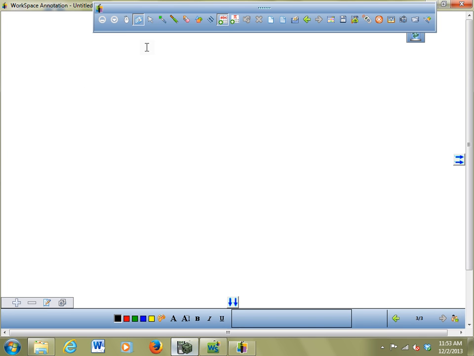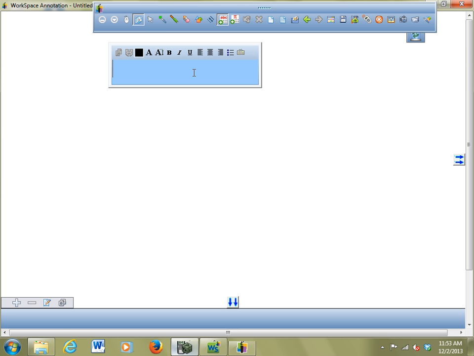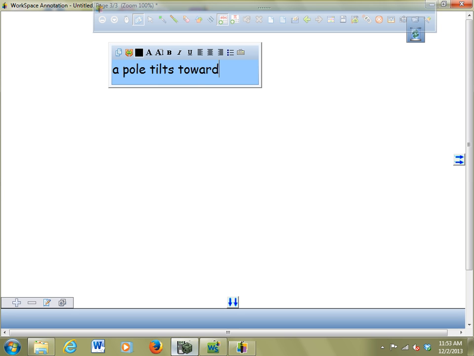Is that the typewriter? There. Okay, a pole. This is just a problem from the book. A pole tilts toward the sun at an 8-degree angle. I'll fix it in a minute.